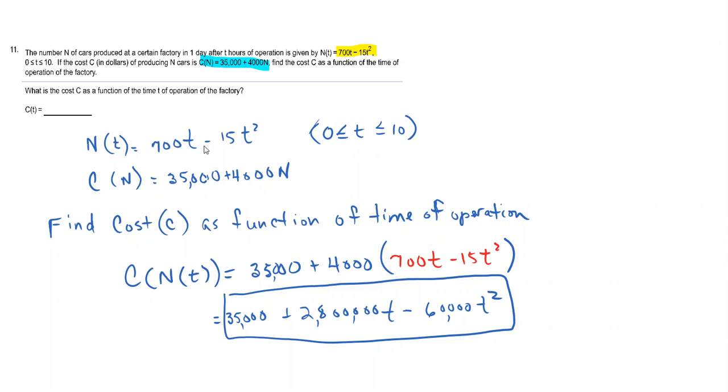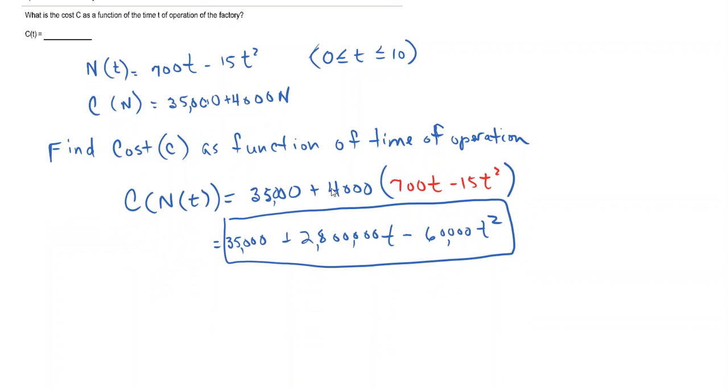So here's my N of T, here's my C of N. You're finding cost as a function of time. So that's C of N of T. So that means I'm going to put this whole thing for this N here. So I showed that in red.